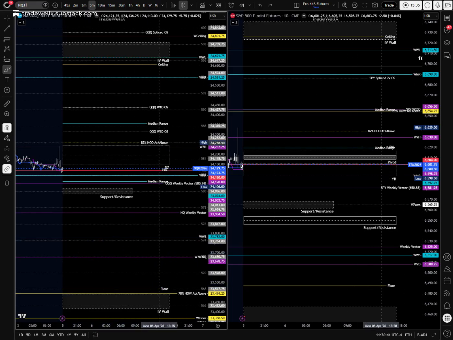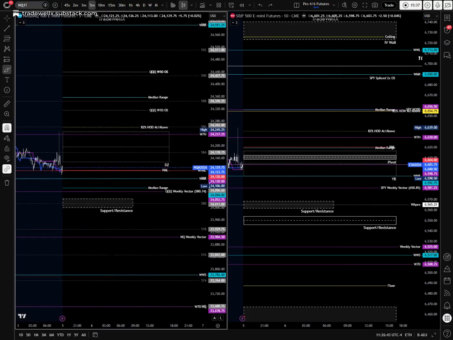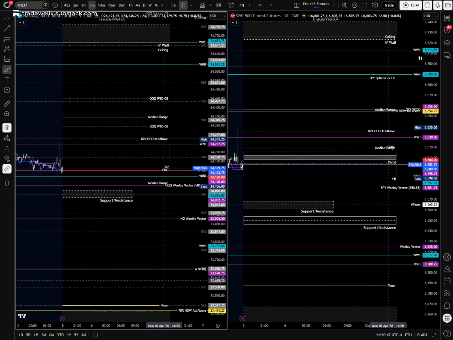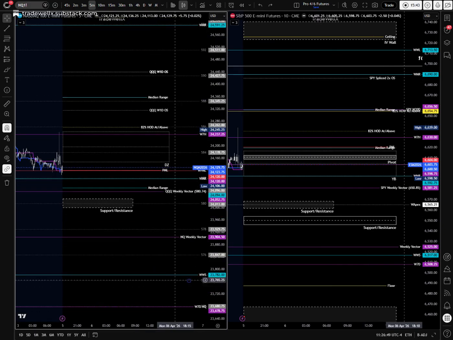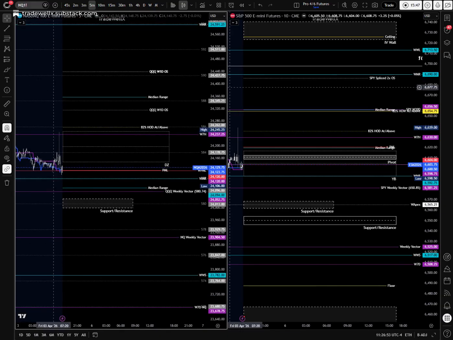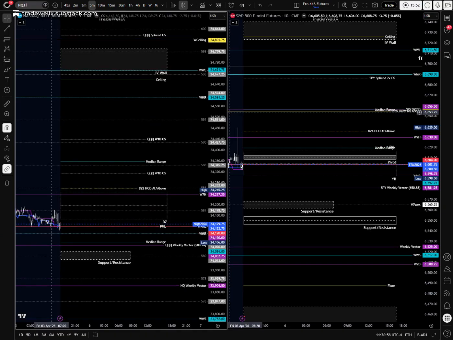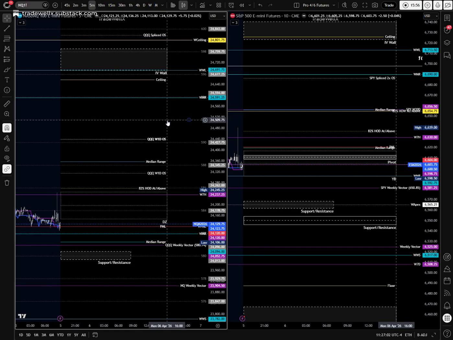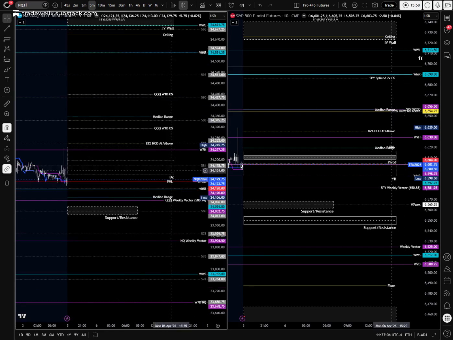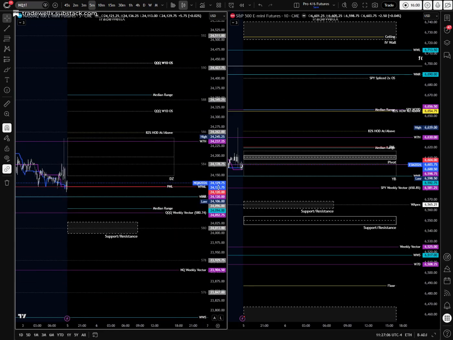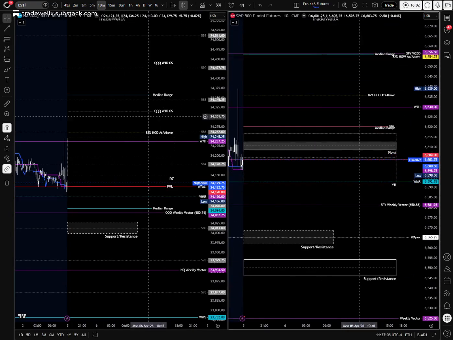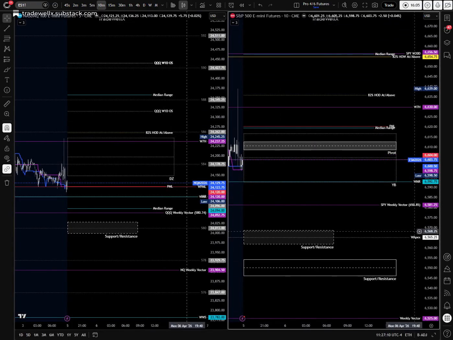So instead of using stuff like this high of day level, just try to look for a supportive area or the floor, along with wave one daily open states. That's what you could do for the short side when you're looking for targets. So that's what I would find very helpful to share with you when visualizing possible areas for entries, exits, and stops when you're looking at the chart.